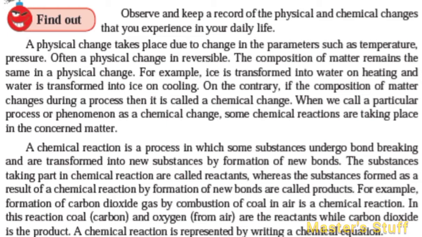The composition of matter remains the same in a physical change. For example, ice is transformed into water on heating and water is transformed into ice on cooling. On the contrary, if the composition of matter changes during a process, then it is a chemical change, as in the ripening of fruit.